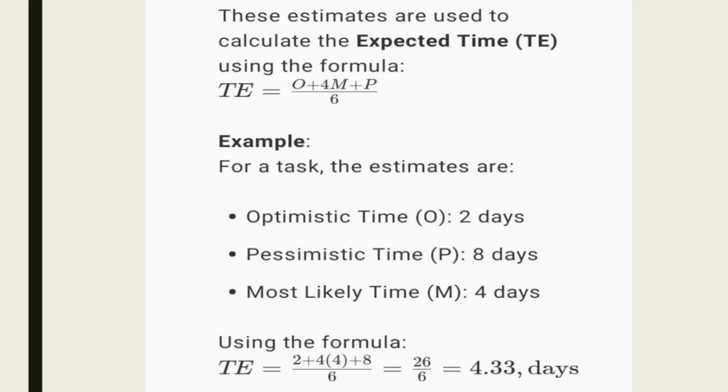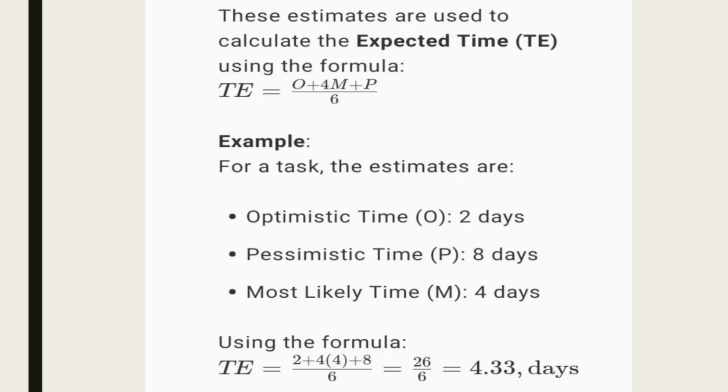On Program Evaluation and Review Technique, there is a formula that we use. The formula says time estimation is equal to O, that is optimistic, plus 4M, that is most likely, plus P, that is pessimistic time, the whole of it divided by 6.